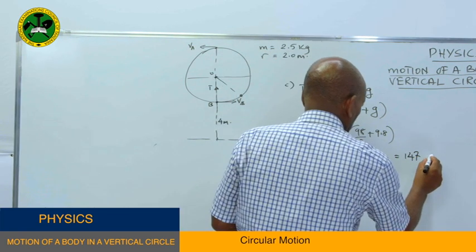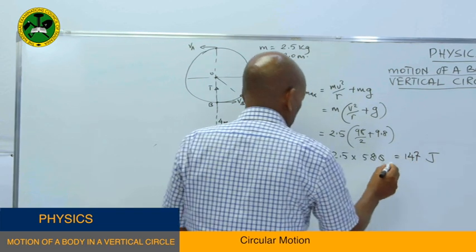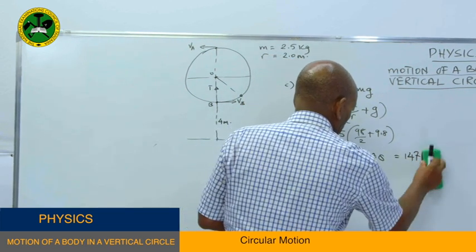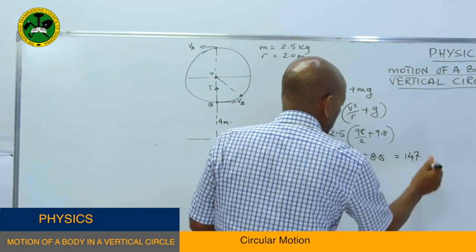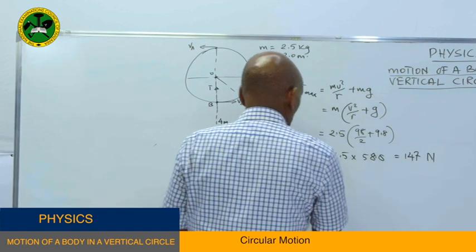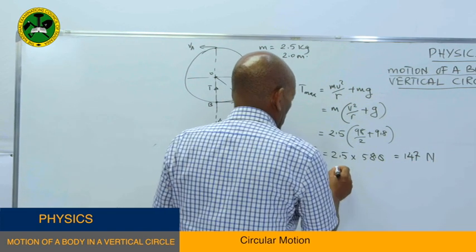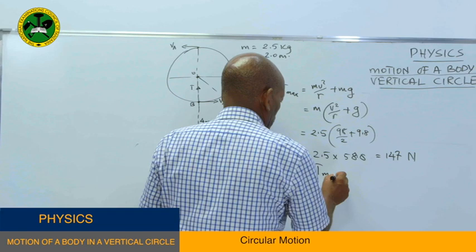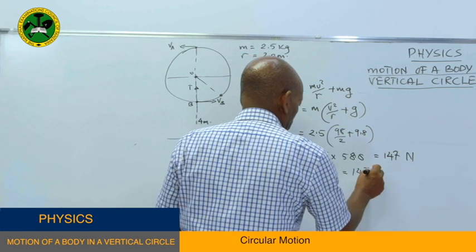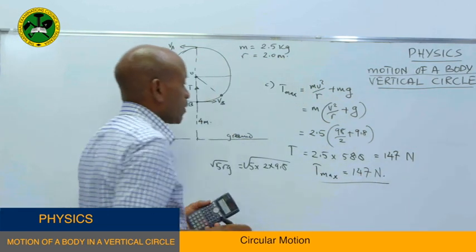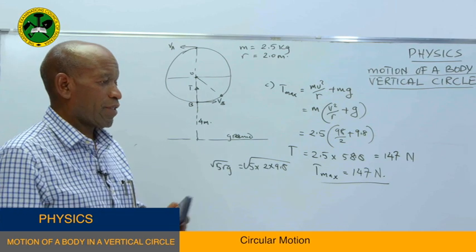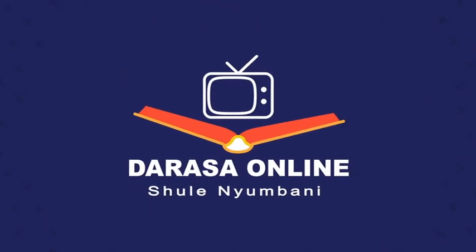So the maximum tension will just be equal to 147 newtons. So the maximum tension which is obtained at the bottom is 147 newtons. So that answers the maximum tension. You are watching Darasa Online.